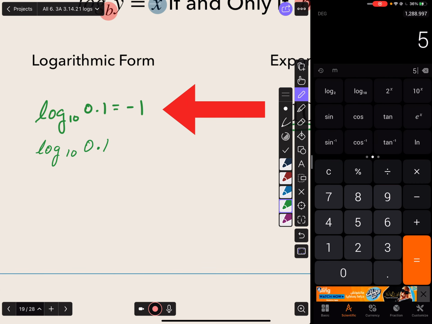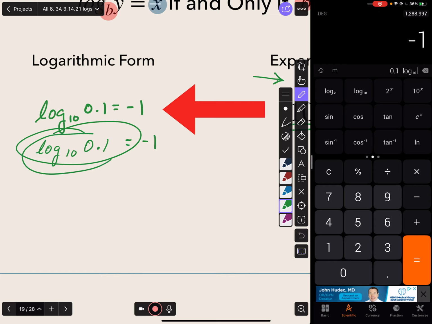You can see I've got 2 logarithms on my calculator, a log base 2 and a log base 10. This one is a log base 10, which means our calculator can do this logarithm. So I'm going to take the log base 10 of 0.1, and I will press the log button, and you can see it does give me -1. So our calculators do base 10.